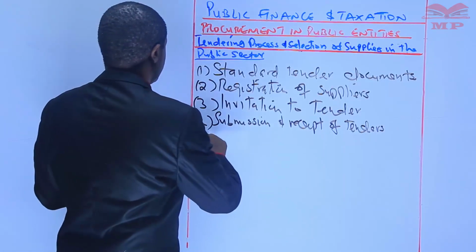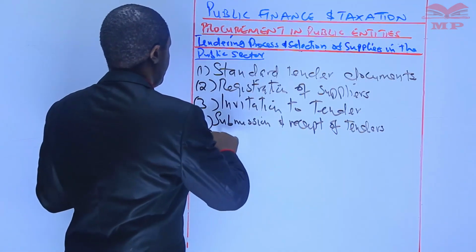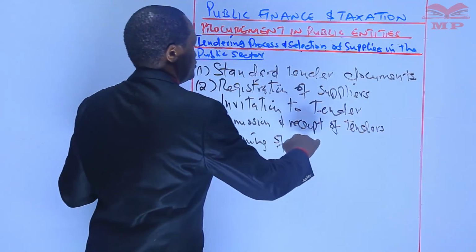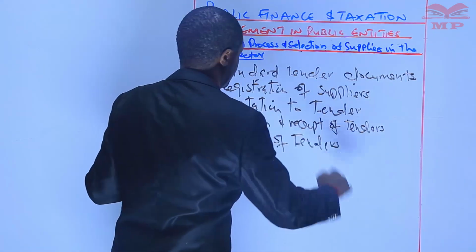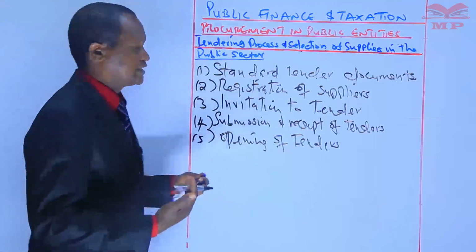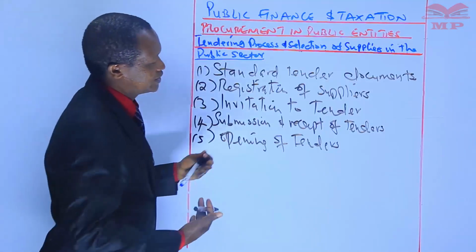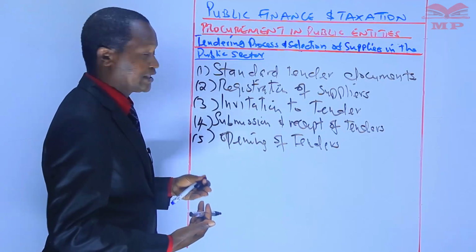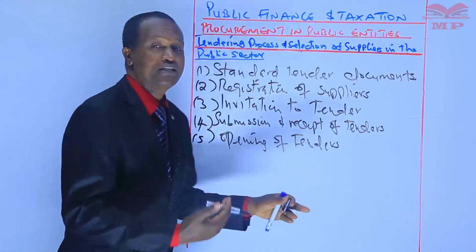Number 5, opening of tenders. When tenders are received by the tendering committee, what are the steps that need to be undertaken in the process of opening the tenders?